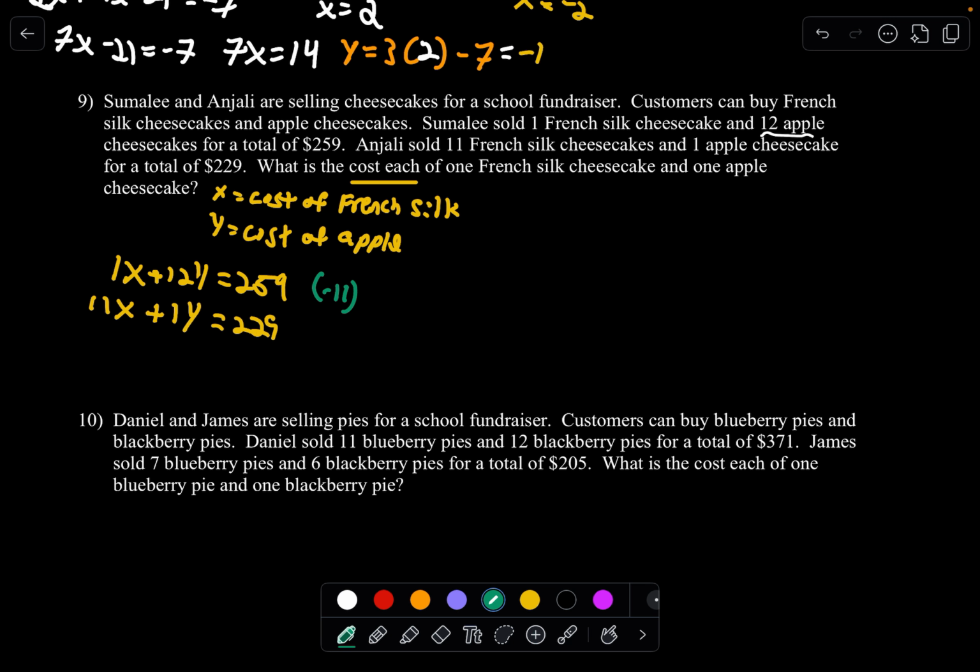All right. So, well, the first part's easy. Negative 11 times 1 is negative 11x. Now 12 times 11 is 132, but it's going to be negative 132y. And then 259 times negative 11, it's going to be negative 2849.